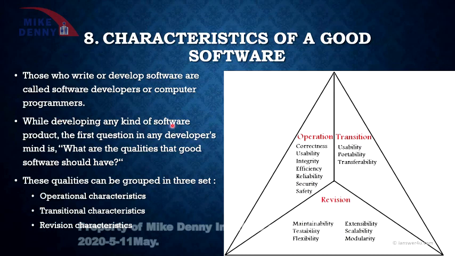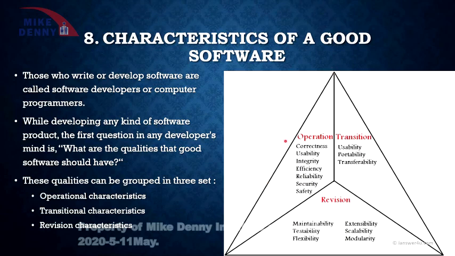While developing any kind of software product, the first question in any developer's mind is, what are the qualities that good software should have? And I will give you a simple view of those qualities. These qualities can be grouped in three sets: the operational characteristics, the transitional characteristics, and the revision characteristics.